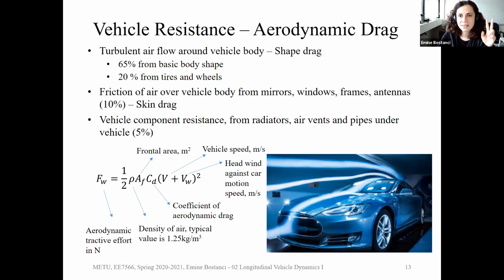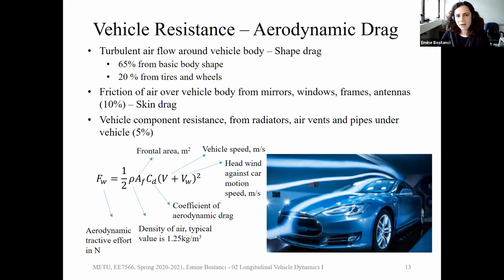The second resistance is the aerodynamic drag. Because of that, you need to move the air, so you need to replace the air with the car. And this is the aerodynamic behavior of the systems. In all mobile applications, you need to be careful with the aerodynamic design of the system.